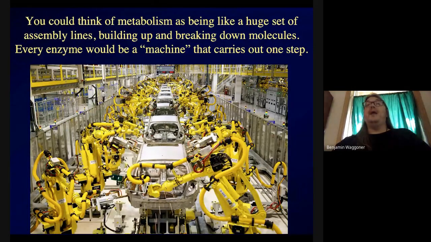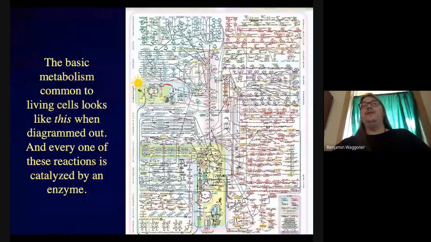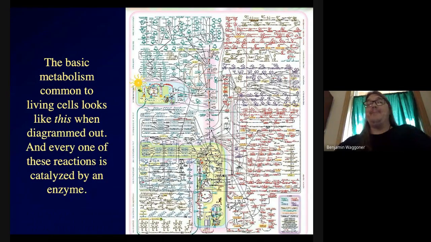Well, the assembly line of metabolism looks like this, and I hope you copy all of this down. Actually, I'm kidding. Please do not copy all of that down. But all of those thin black lines that you can see is one chemical reaction. Every one of them requires a specific enzyme to make happen.